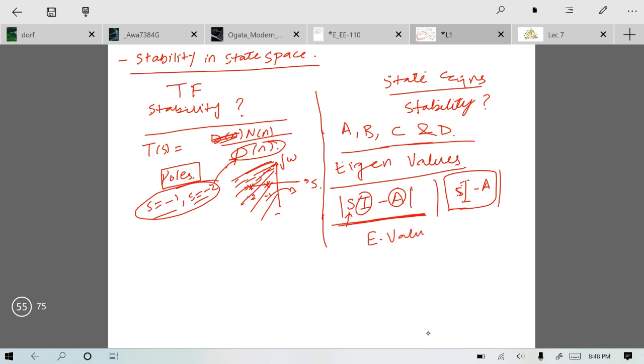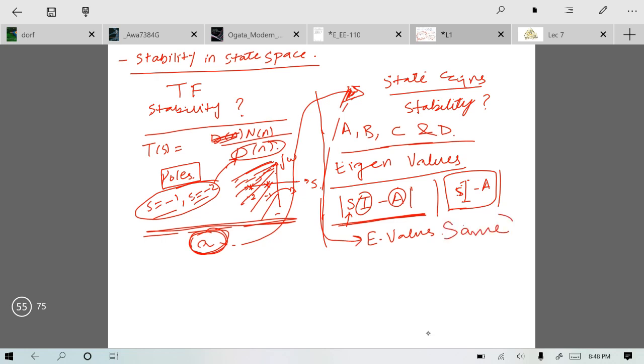If you find the roots of some system with a transfer function, and then you move that system to state space and find the eigenvalues, these will be the same. For the same system, the eigenvalues from the state equation and the roots or poles from the transfer function are the same.